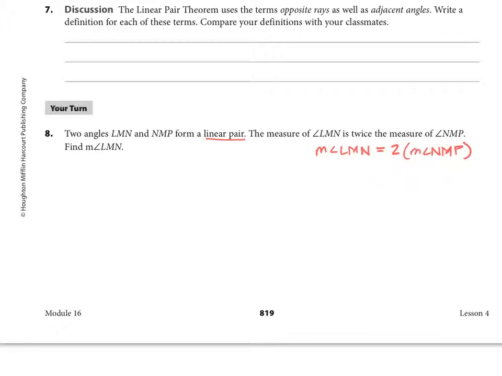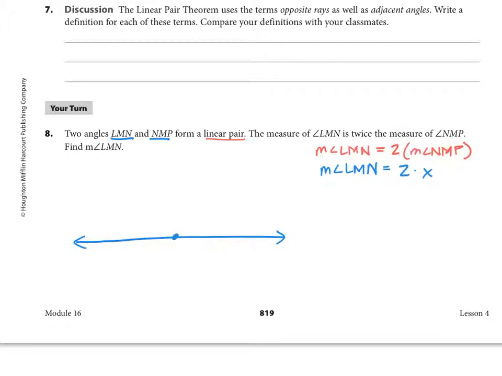So I'm actually going to rewrite this, but instead of writing all of these letters, I'm just going to use X, right? The measure of angle NMP is my variable. So let's draw this. Well, if you look at the names of these two angles, what's the vertex? The vertex is M. So I know it's going to be a linear pair, so here's my line.